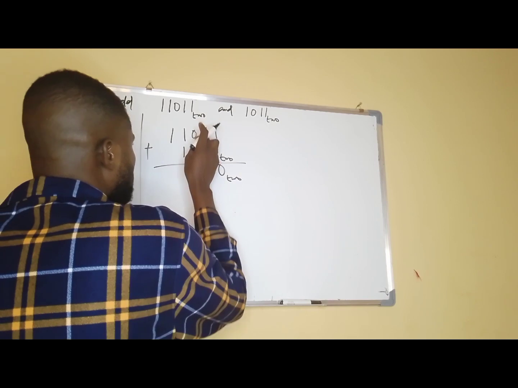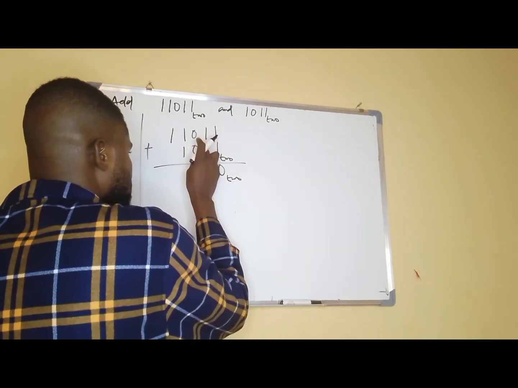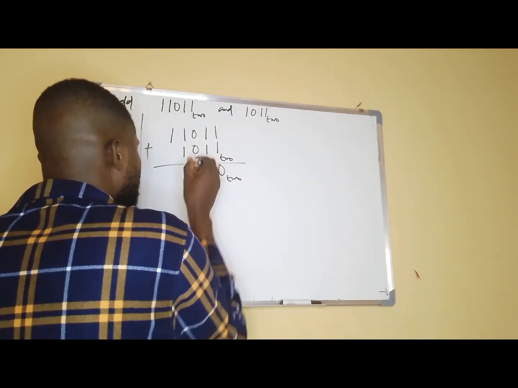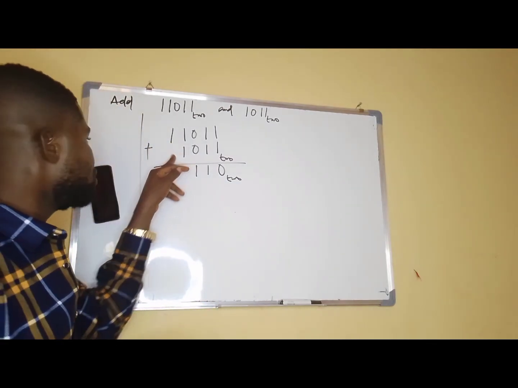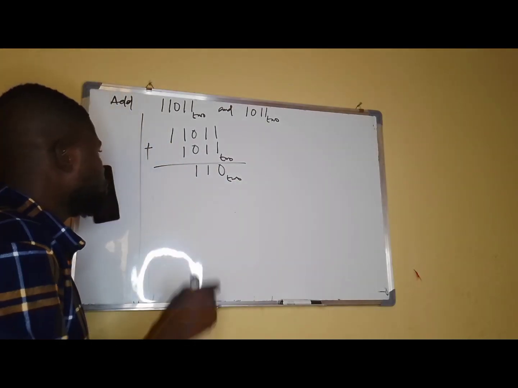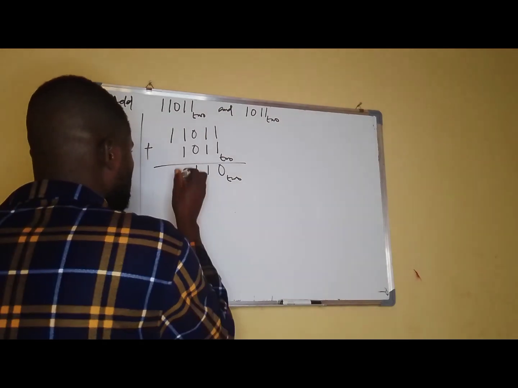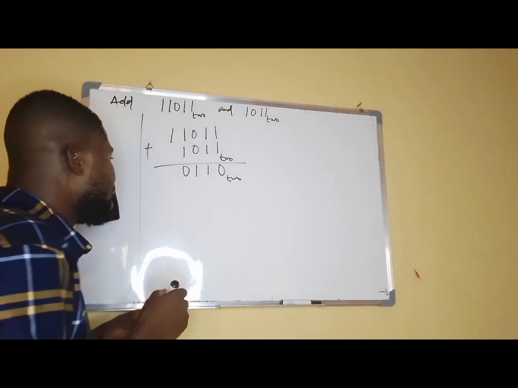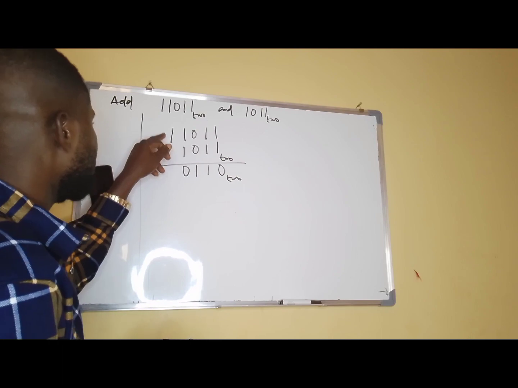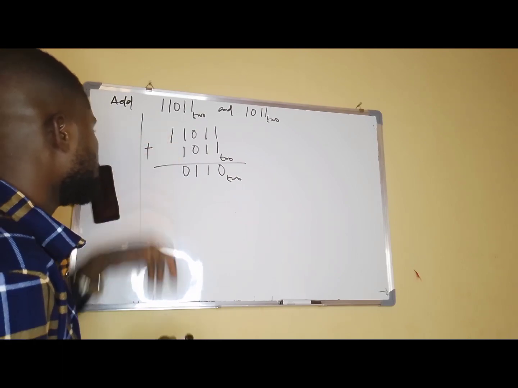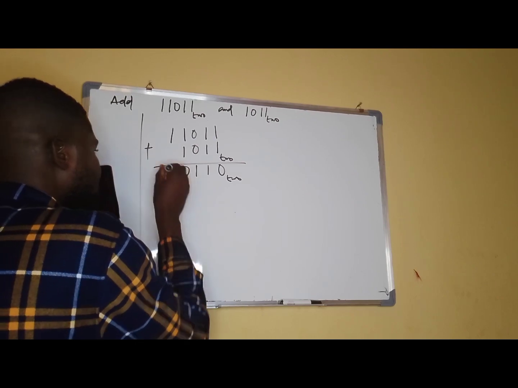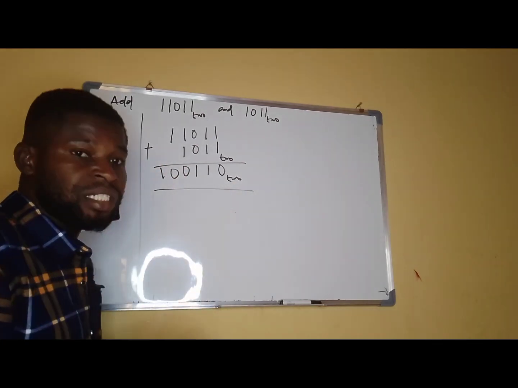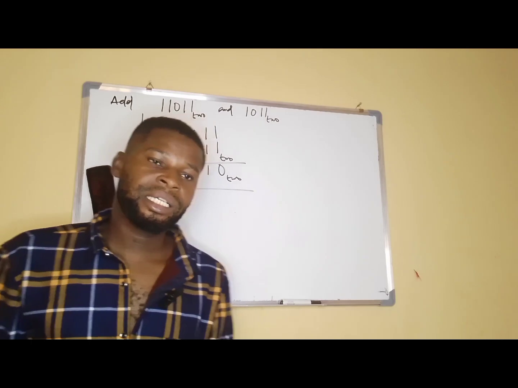Now 1 plus 0 plus 0 will be equal to 1. Now 1 plus 1 will be equal to 2. 2 divided by 2 will be equal to 1 remainder 0. You write 0, carry 1. Now add the 1 here. 1 plus 1 will be equal to 2. It will now be equal to 2 divided by 2 will be 1 remainder 0. And this is the final answer.